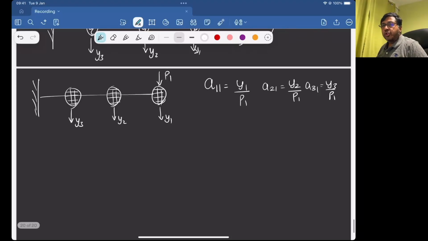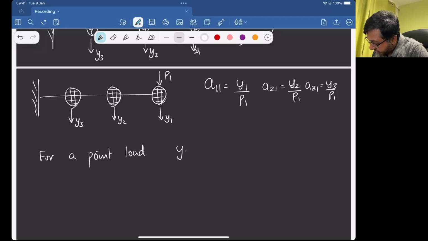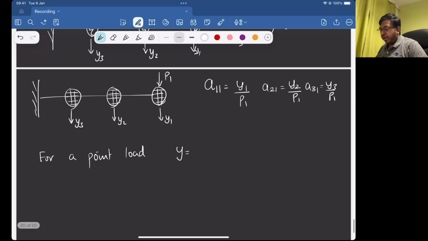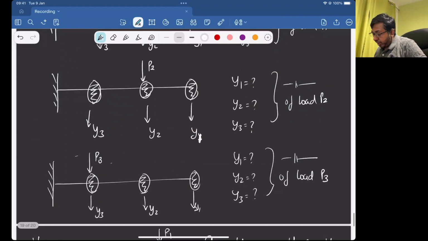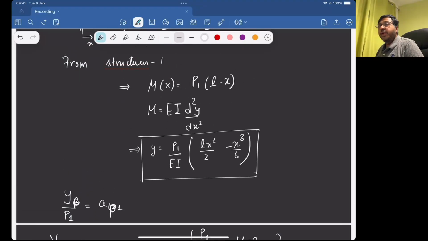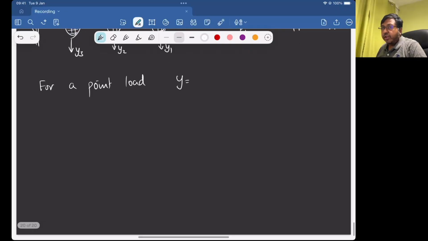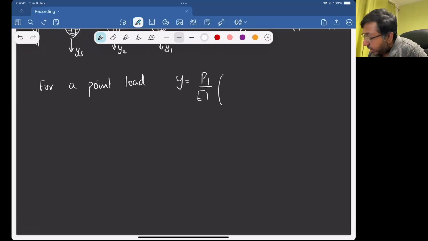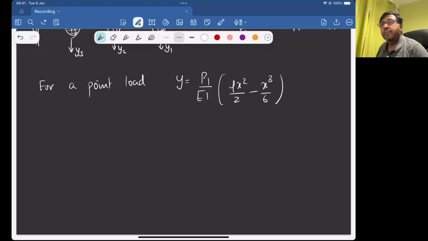So from structures 1, we know for a point load, the deflection at the tip, as we talked about earlier, we set the moment and from there we can integrate it twice to get the deflection equation. So deflection is P1 over EI into (Lx squared over 2 minus x cubed over 6), right?